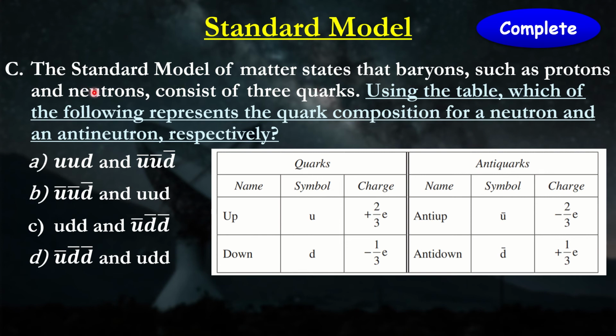So the next question we have is baryons, such as protons and neutrons, consist of 3 quarks or 3 antiquarks. Using the table, which of the following represents the quark composition for a neutron and an anti-neutron, respectively?